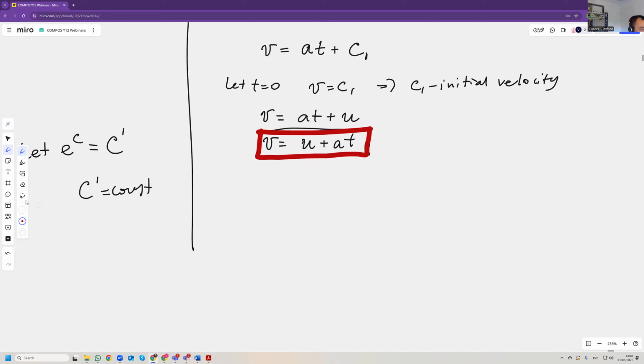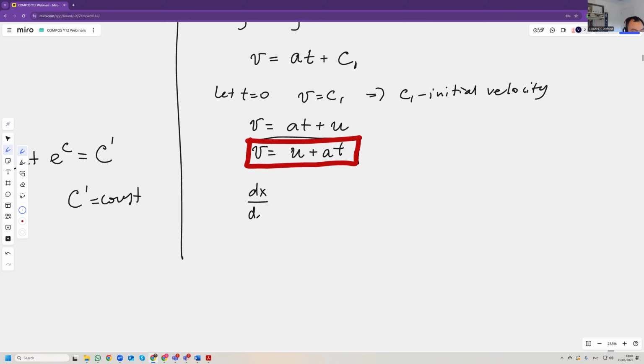But this is also a differential equation because v is the derivative of the displacement: dx/dt is equal to u plus at. We can separate the variables here as well: dx equals (u plus at) dt.